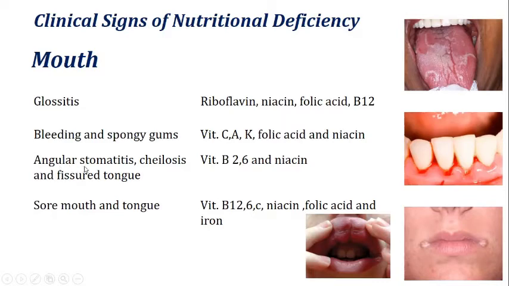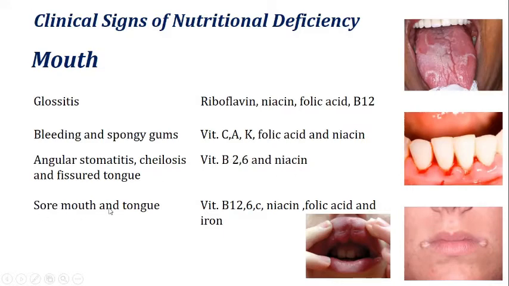And angular stomatitis means damage in various places in the mouth and lips. Okay, then mouth, lips, as well as tongue. So it can be due to vitamin B2, B6, and niacin deficiencies.